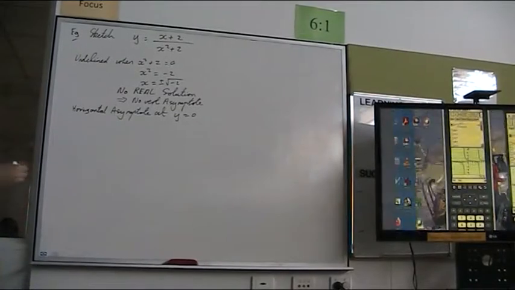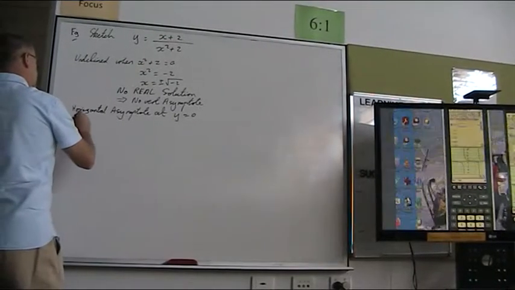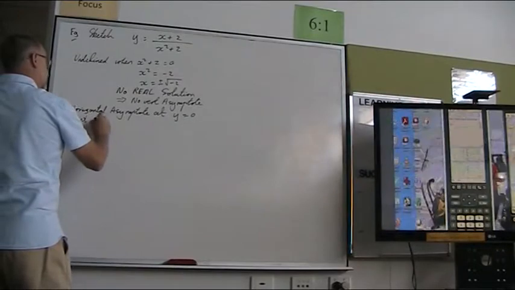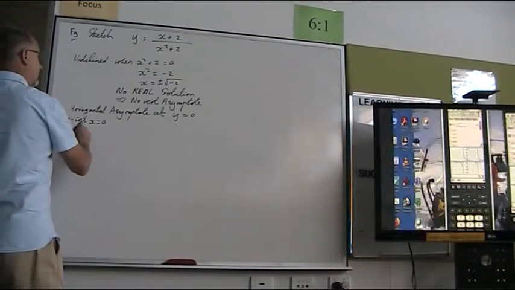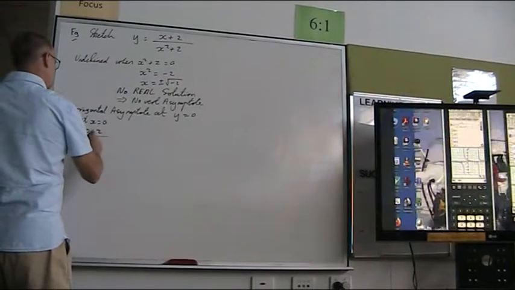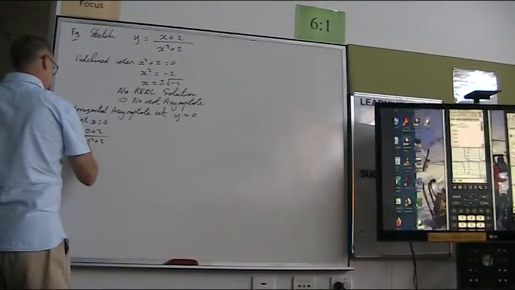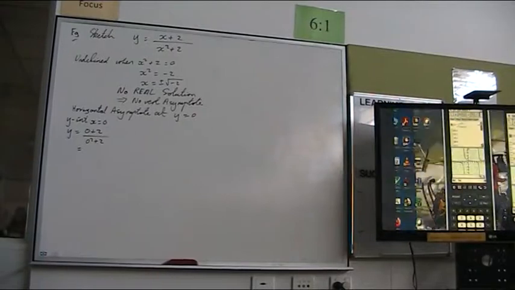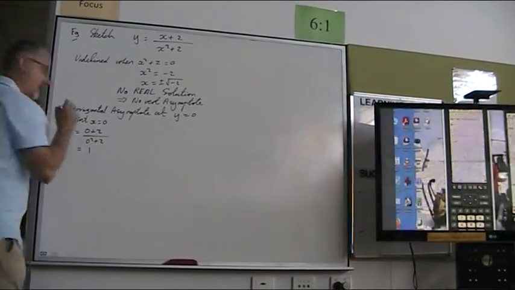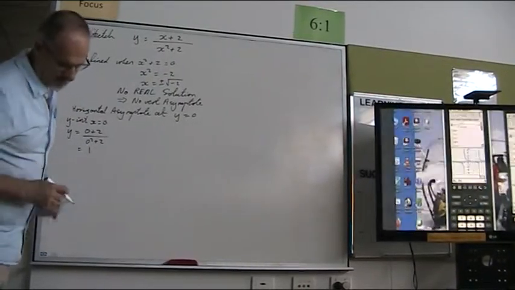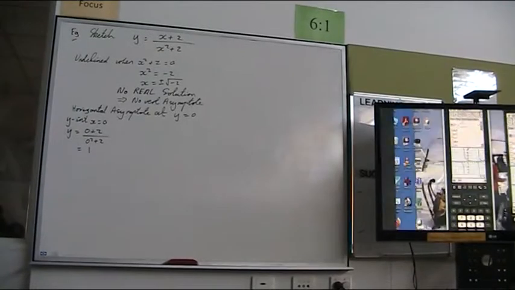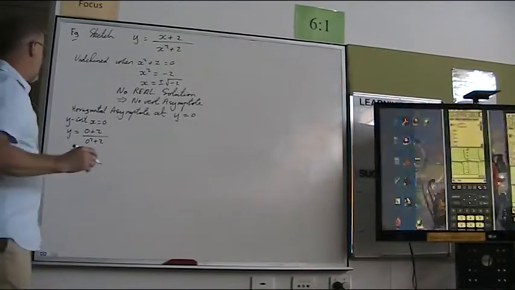So there's that suggestion. All right, let's look for some y-intercepts. x equals 0. So y-intercept when x equals 0: 0 plus 2 over 0 squared plus 2, which is 1. Am I right there? Yep.